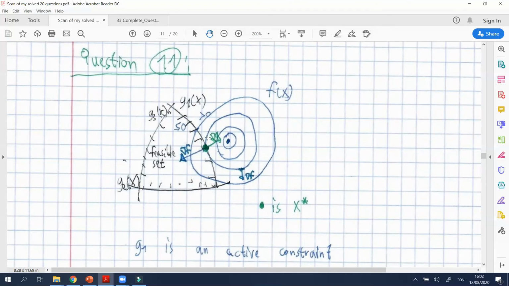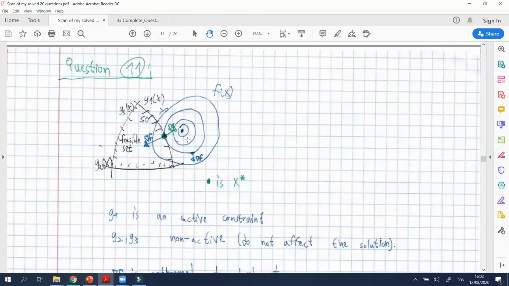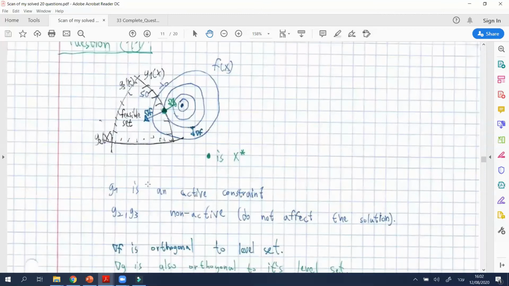So let's talk about this a little bit in a more formal mathematical way. G1 is an active constraint, and this will be the best solution. This would be the minimum point of the function, but keeping in mind our constraints.